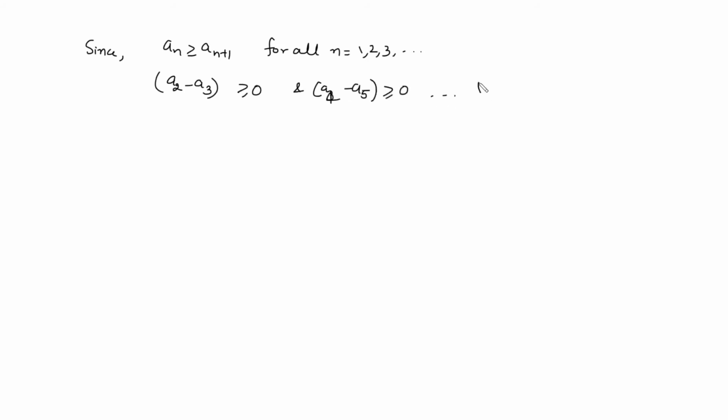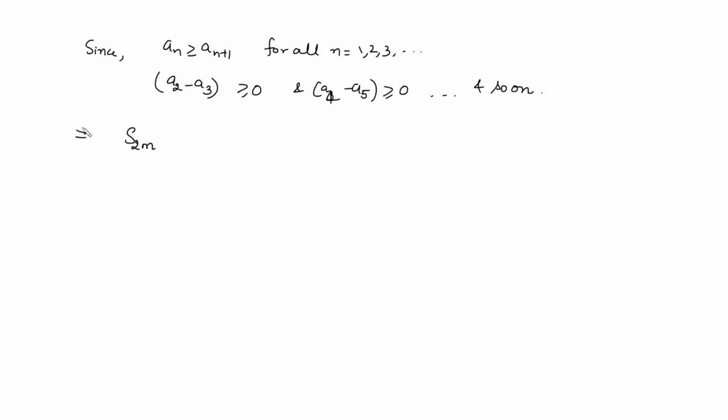Since an is greater than or equal to an+1 for all n, every term in the bracket is clearly positive, and so on. So we are subtracting some positive numbers from a1.